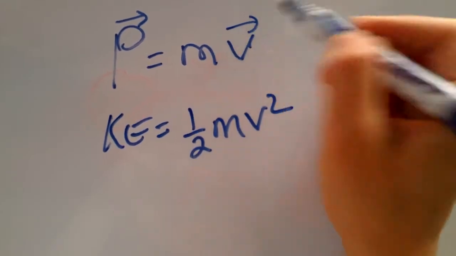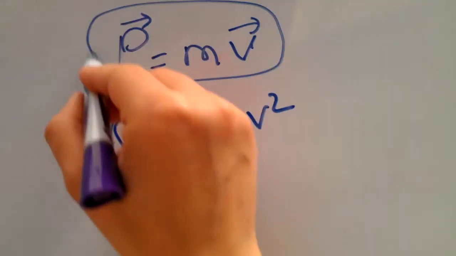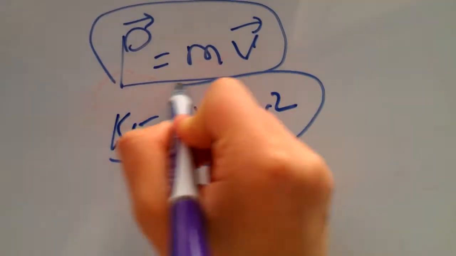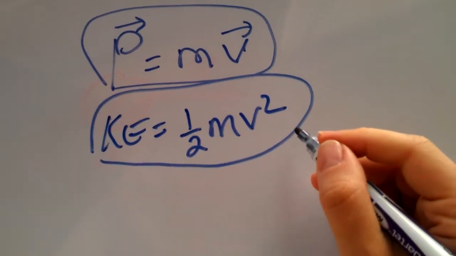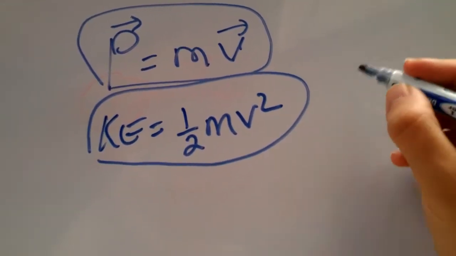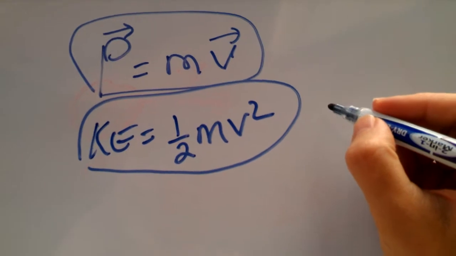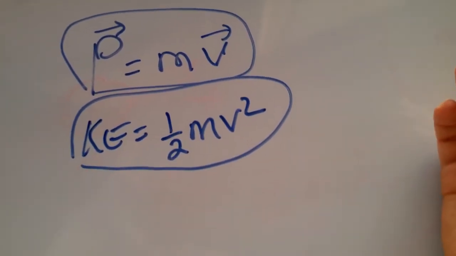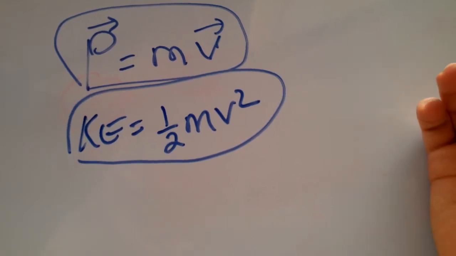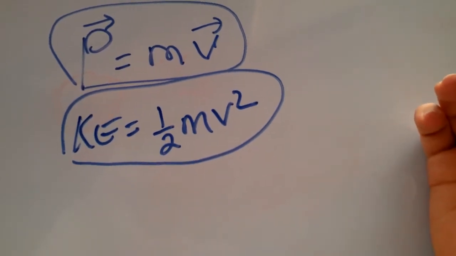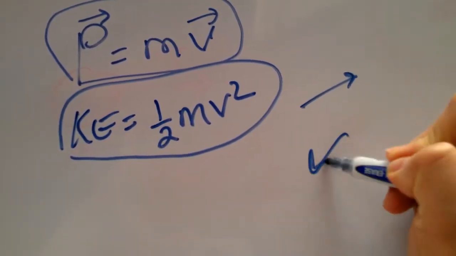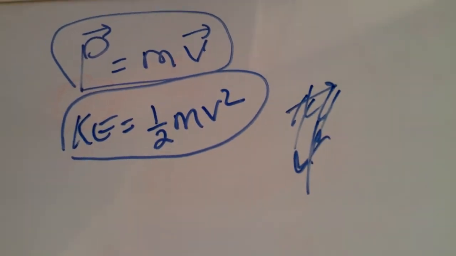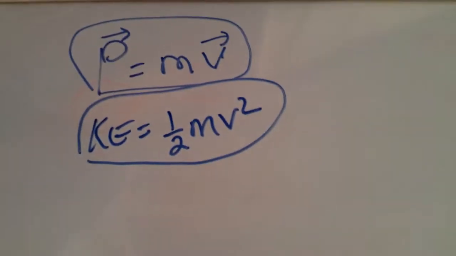Momentum was a vector quantity. However, kinetic energy is a scalar quantity, namely it's just some number. It doesn't have any direction to it. If you have 20 joules of energy, it doesn't have any direction whatsoever. It's just that number and that's it.